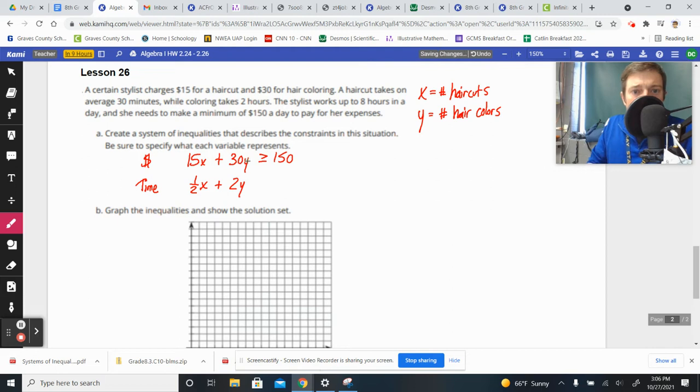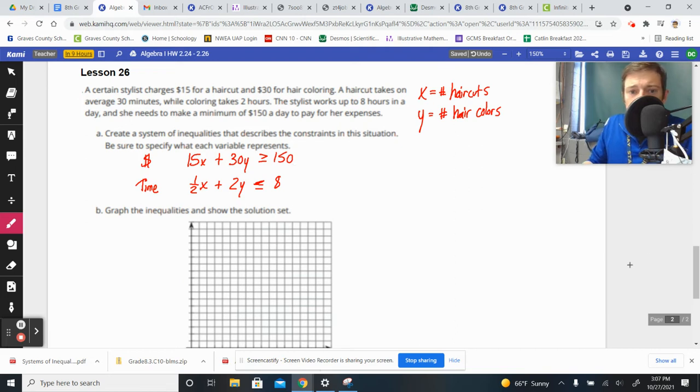She's only got up to 8 hours a day, so she needs to stay under or equal to 8 hours a day. So this inequality represents her timing constraints, this inequality represents her money constraints, and we are going to graph those two things.